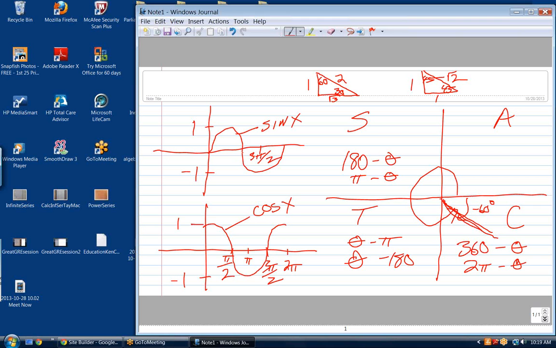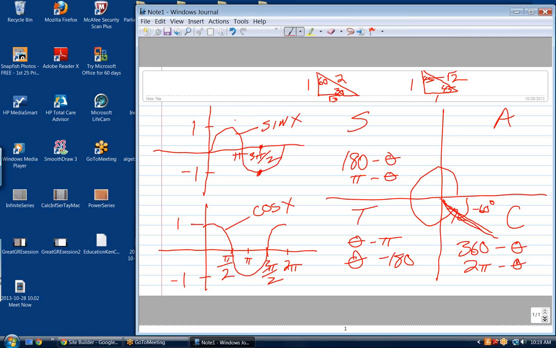Follow the chart. Follow the graph. In other words, when I want the sine of 3 pi over 2, there's 3 pi over 2, its sine is -1. Okay? So with these two curves, you can answer all your quadrangles.